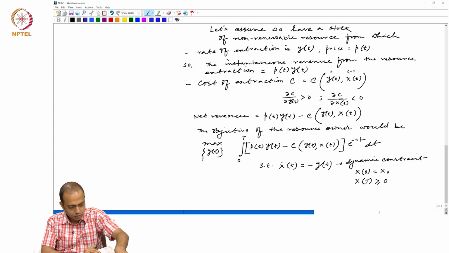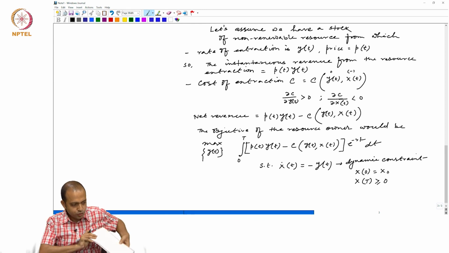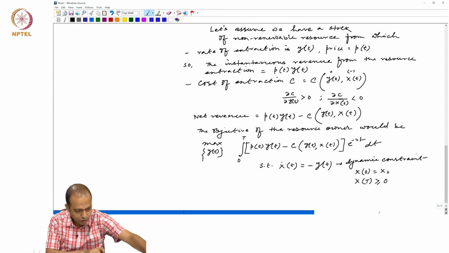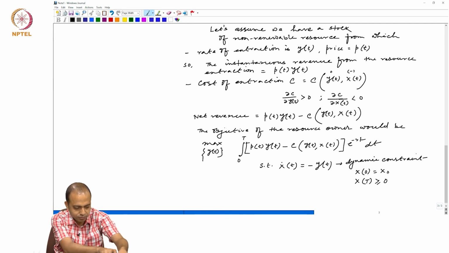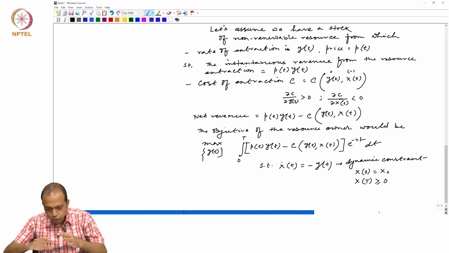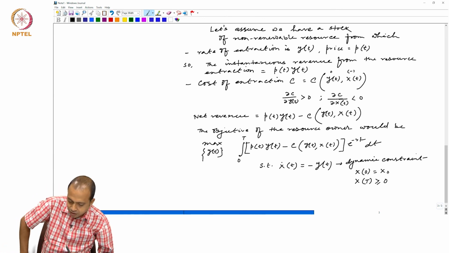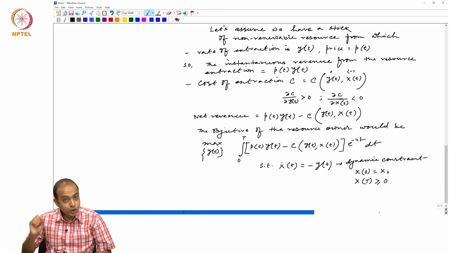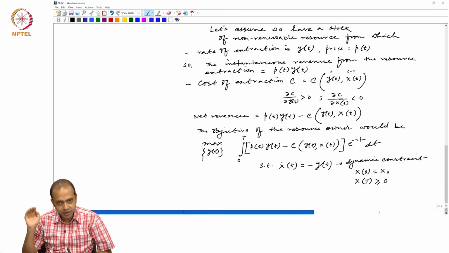So, what the resource owner has to do, the optimization actually requires. What we will do to optimize this objective functional? The first step is to set up the Hamiltonian function, the current value Hamiltonian.